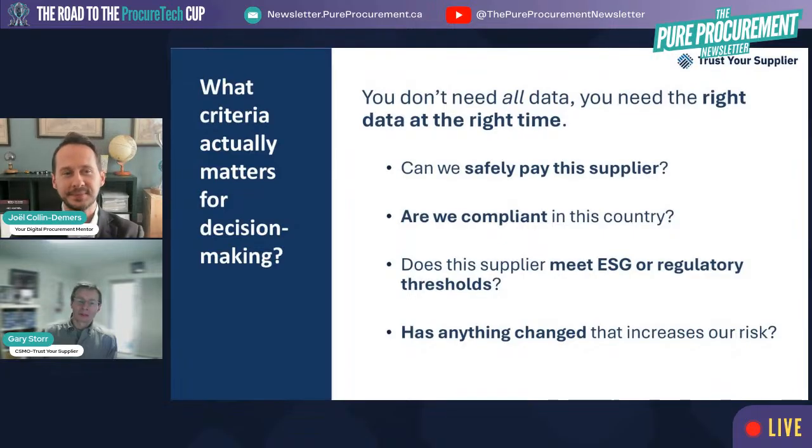Right, 100%. So you look at criteria we're going to talk about here, and you just need the right data at the right time. And the analogy I'll use here is, it's kind of like your kids. When your kids are really small, they're preschool kids, you use a different set of criteria to evaluate how they're progressing.